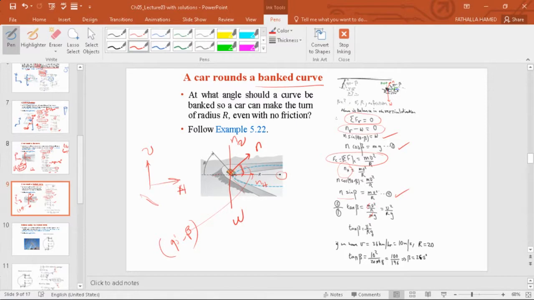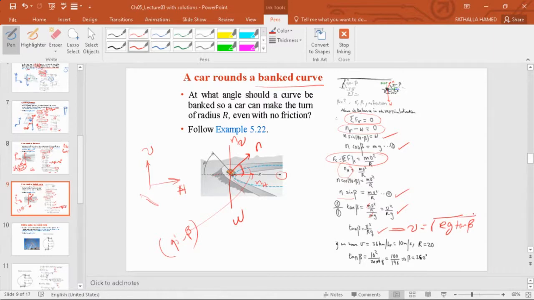You can cancel the m. And you get v squared over rg. So tan beta here will equal v squared over rg. You can also say you can get your v from here, which would be the square root of r g tan beta.